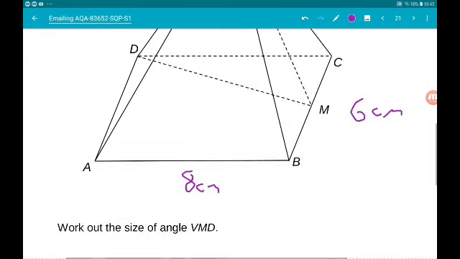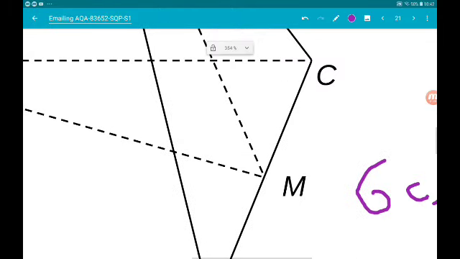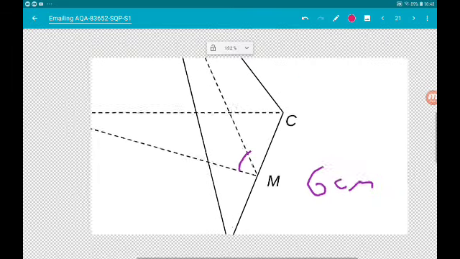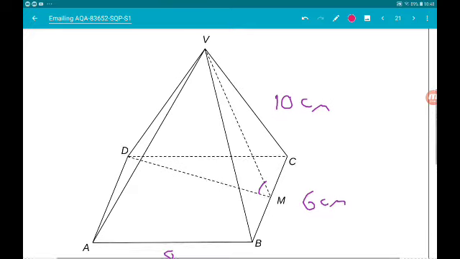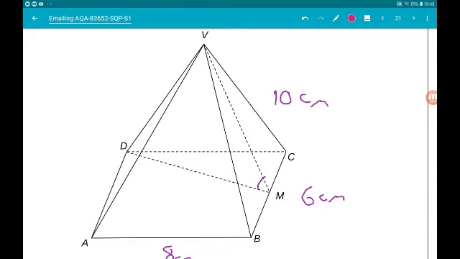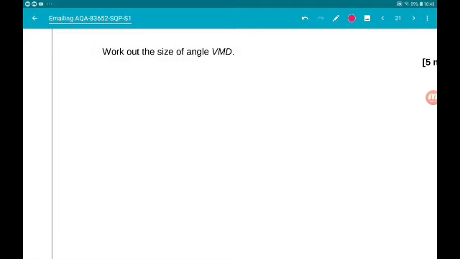So, we want to work out the size of angle VMD. So, this angle here. Okay, so if we think of VMD as a triangle, then let's build that out and make a sketch.